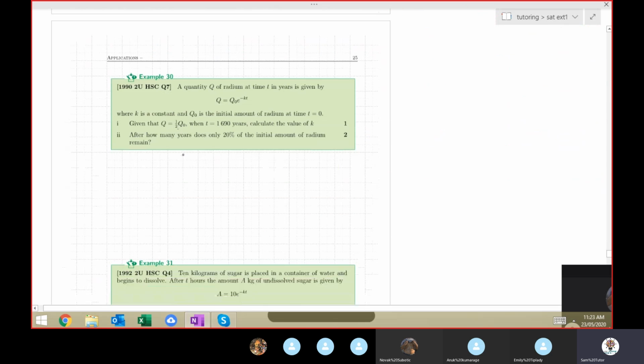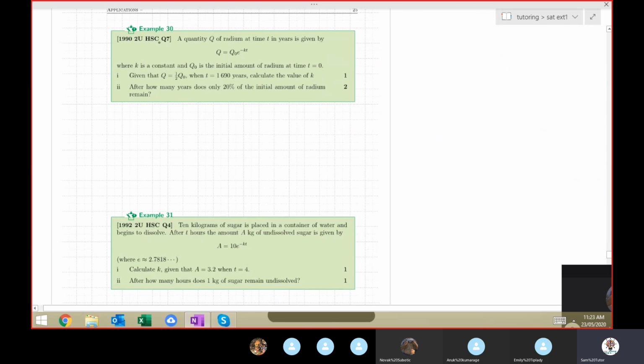All right, let's go. 1990s, 2-unit HSC question 7. Question 7 means band 5, so 80 plus students. So, you know, a lot of students should be able to answer this pretty freely, because it's just basic exponential equations.